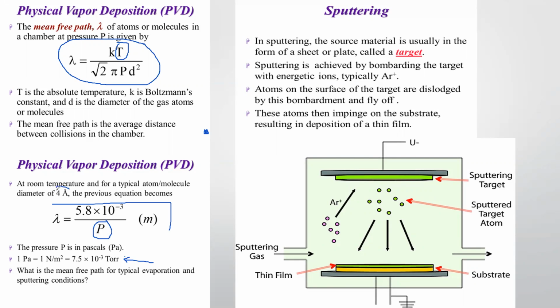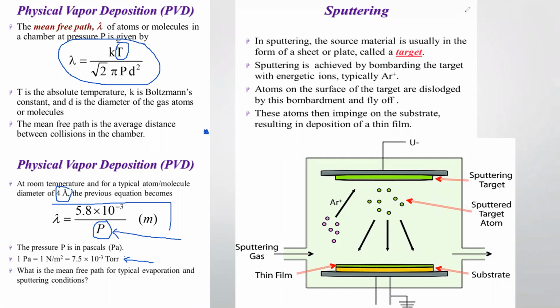With an atom diameter of approximately 5 angstrom, we get the value of 5.8 into 10 raised to minus 3 upon capital P. If we know the pressure or vacuum in the chamber, we can calculate the exact mean free path from source to target. So this is all about thermal evaporation.